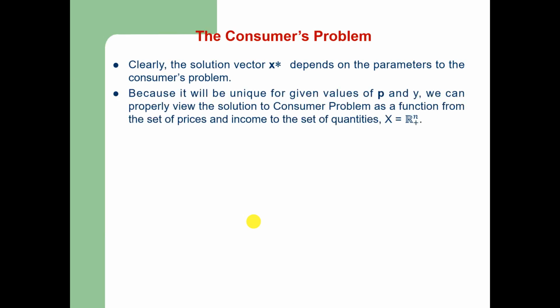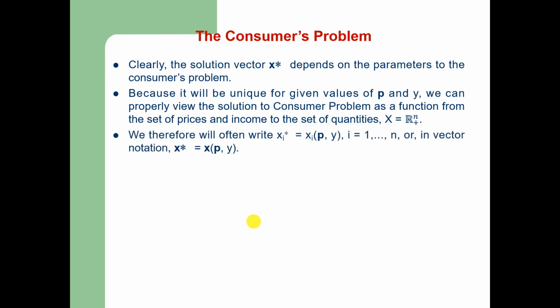In addition to this, clearly the solution vector X star depends on the parameters of the consumer problem. So what are these parameters? Because it will be unique for given values of the price vector P and income Y, we can properly view the solution to the consumer problem as a function from the set of prices and income to the set of quantities in the consumption set, the non-negative orthant.